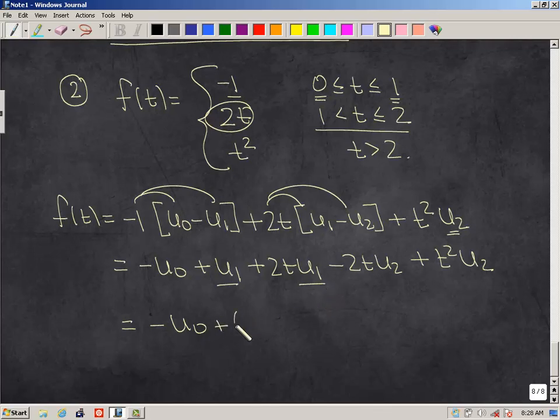So we get plus, I can take out a u1 from these two terms. So I'm left with 1 plus 2t. Out here, both of these have u2 in common, so I can take out a u2. And I'll write the t squared first because it's positive. So I get t squared minus 2t. And this is f of t.